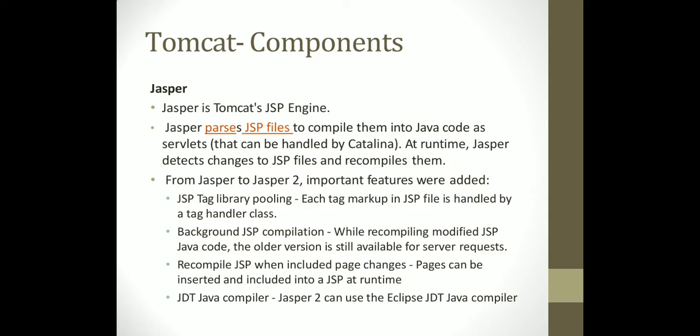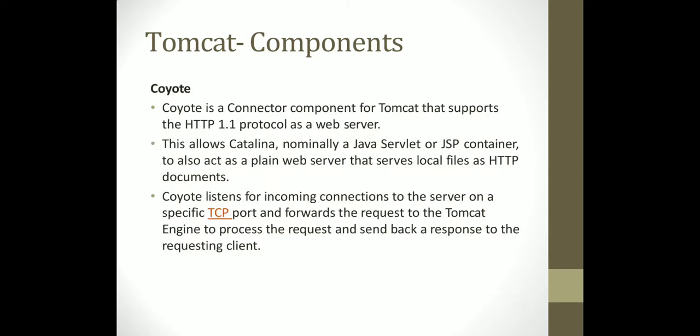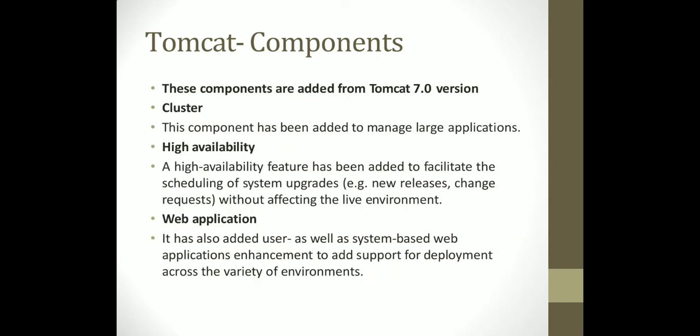Jasper is Tomcat's JSP engine, Coyote is the connector component, while the components like cluster were added from Tomcat 7.0, and the cluster handles high availability and web applications. All these are also components of Tomcat.